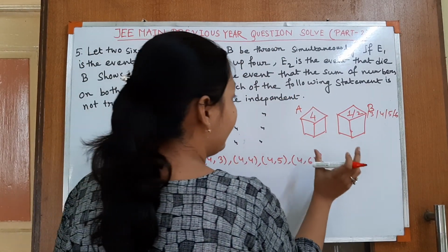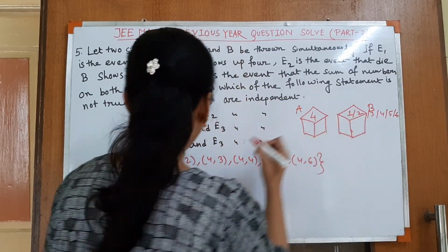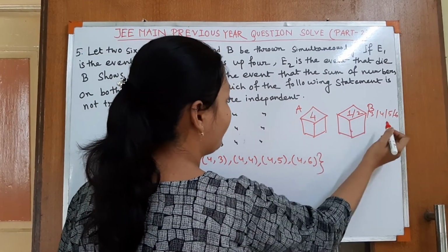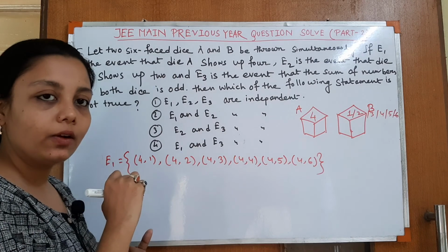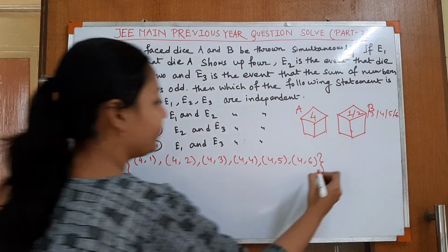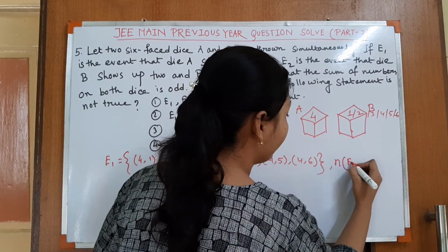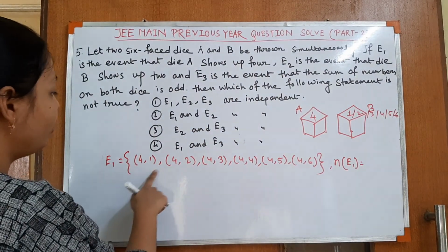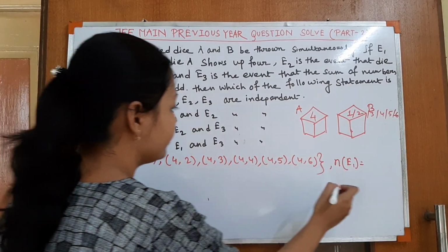Therefore, the pairs become 4, 1, 4, 2, 4, 3, 4, 4, 4, 5 and 4, 6. So here we get n of E1, that is the number of elements in the set E1 is 1, 2, 3, 4, 5, 6.